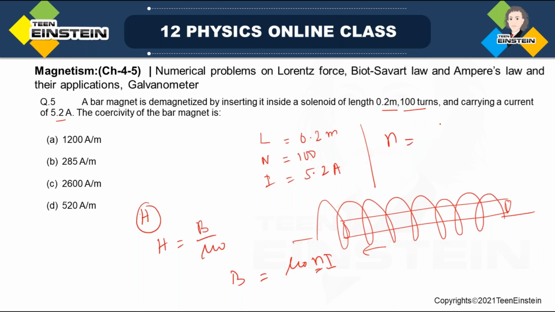Small n is capital N by L, number of turns per unit length. So N by L.